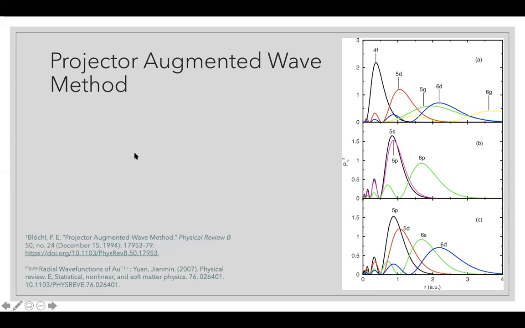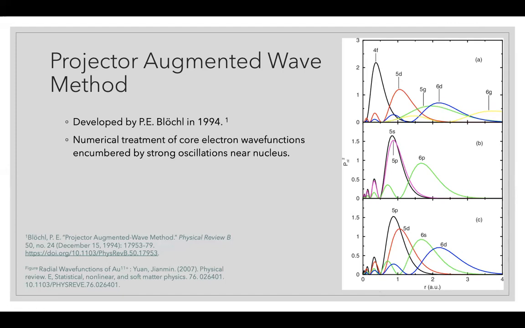It was developed by Peter Blöchl in 1994. The problem that faced DFT theorists at the time is that the numerical treatment of core electron wave functions was highly encumbered by strong oscillations near the nucleus.